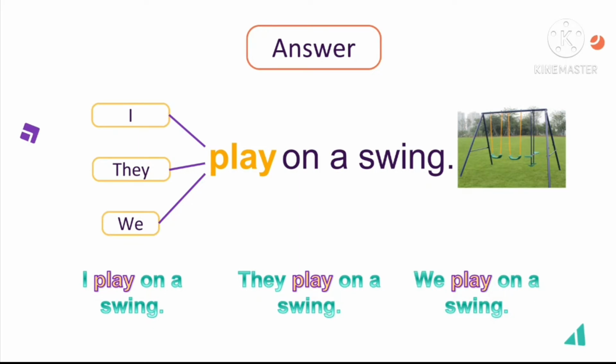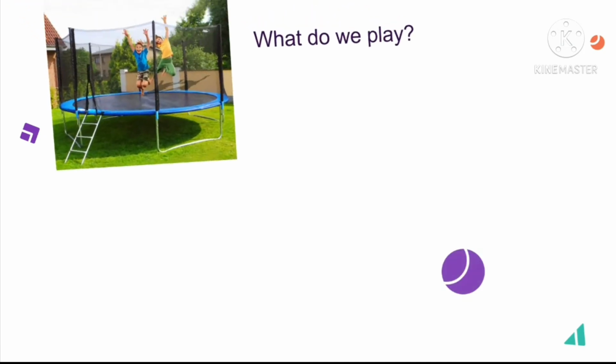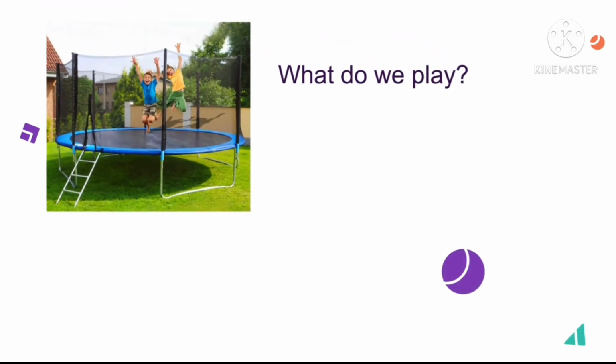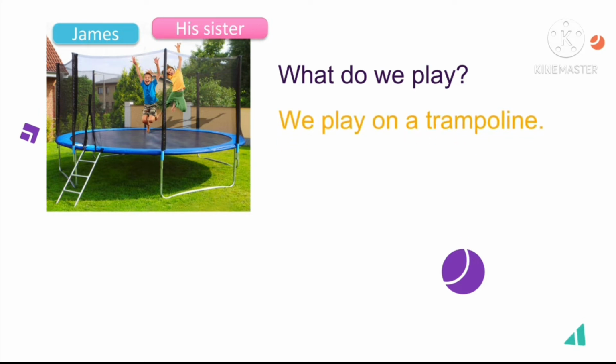Okay, let's practice. You see, this is James. And this is his sister. James asks his sister, "What do we play?" And his sister will answer, "We play on a trampoline."